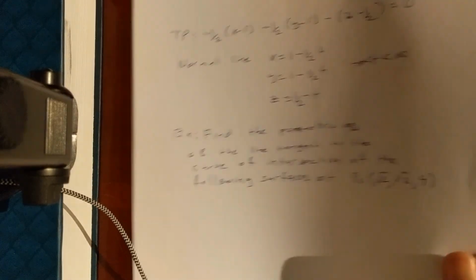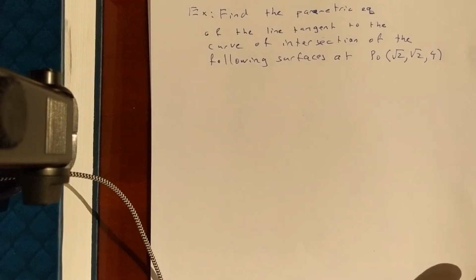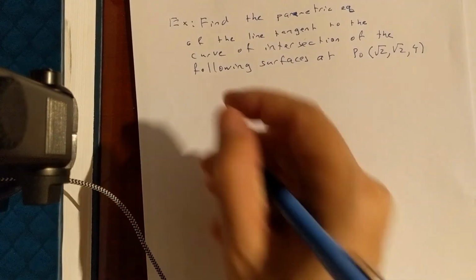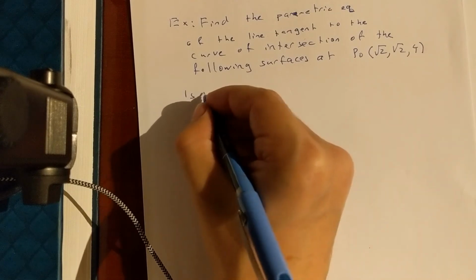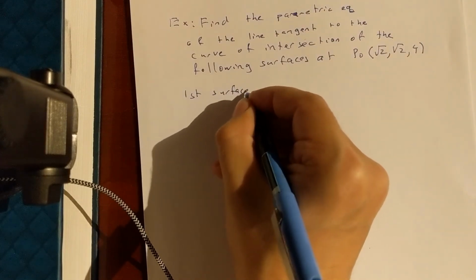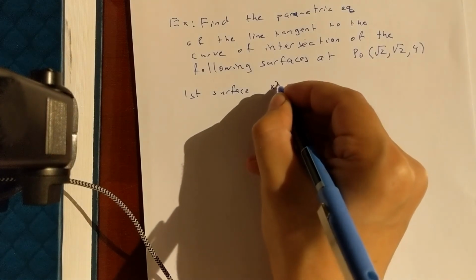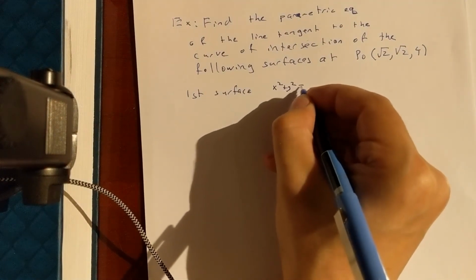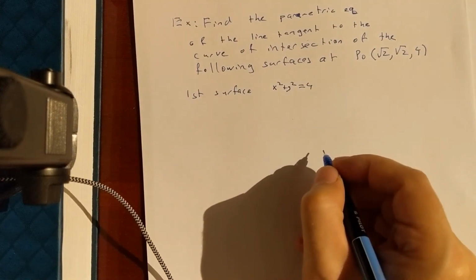Right. So what is the first surface? My first surface is going to be x squared plus y squared equals 4.